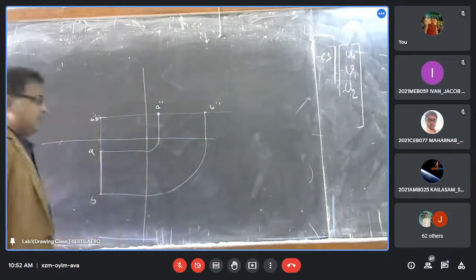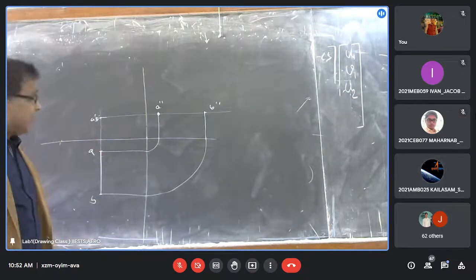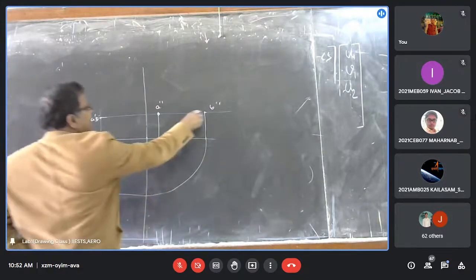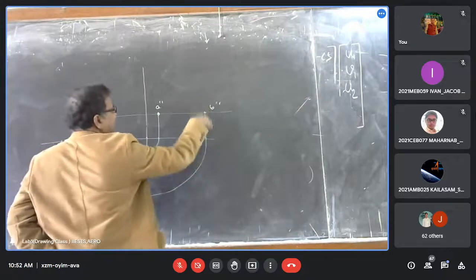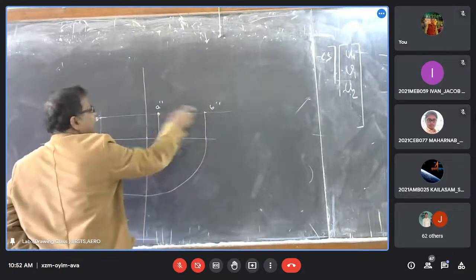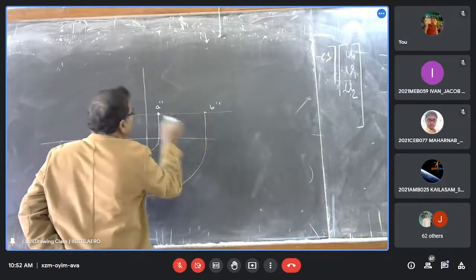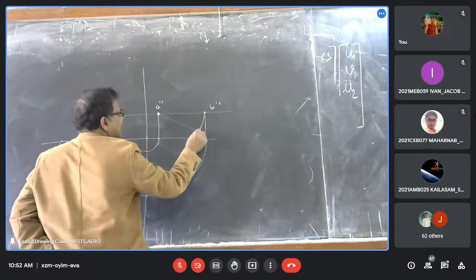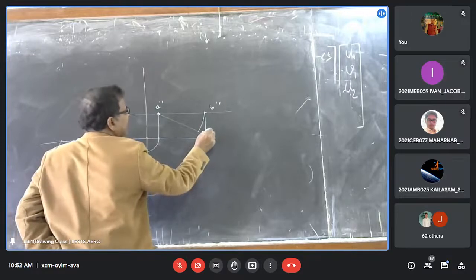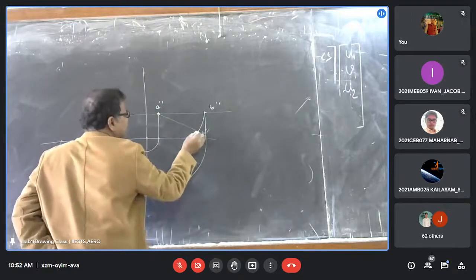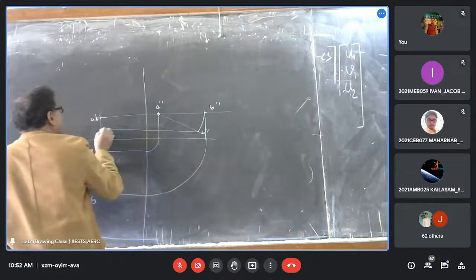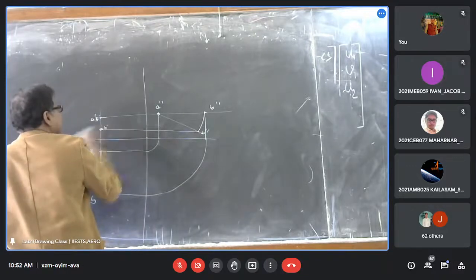Now you want to make this point at an angle. Yes, sir. Just make the angle here. Rotation. This is your final B double dash. Then get the projection. Here, this is B dash.